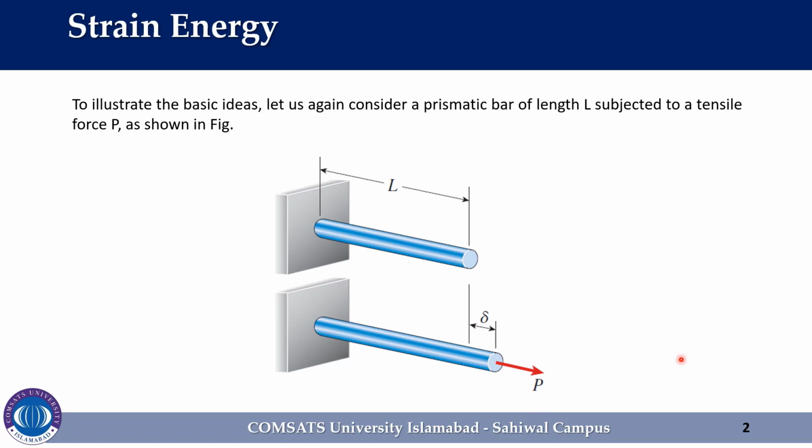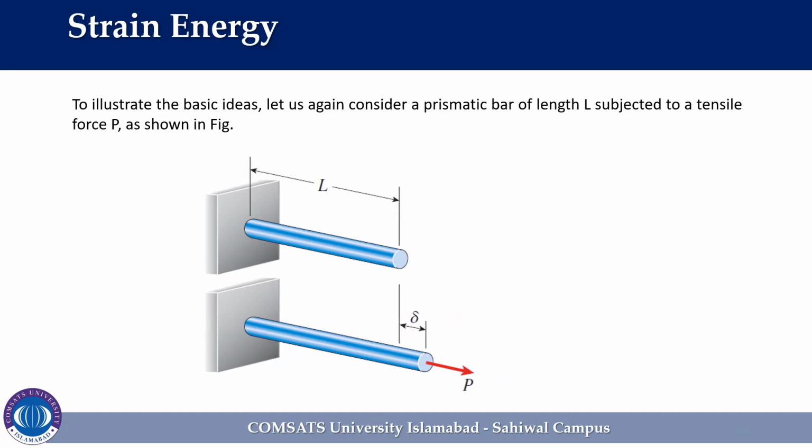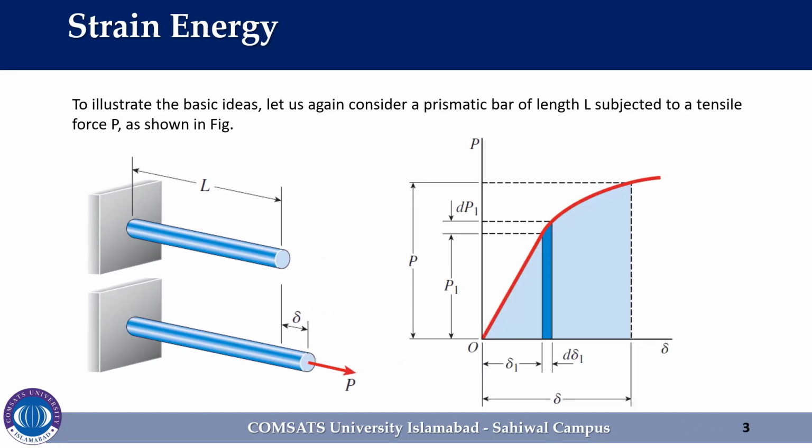During the loading process, the load P moves slowly through a distance delta and does a certain amount of work. To evaluate this work, we recall from elementary mechanics that a constant force does work equal to the product of the force and the distance through which it moves. However, in our case, the force varies in magnitude from 0 to its maximum value P. To find the work done by the load under these conditions, we need to know the manner in which force varies.